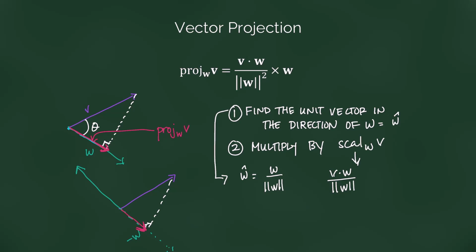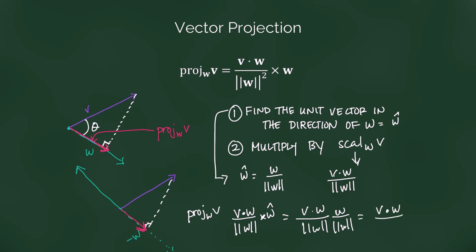So if we put those together, our projection vector then is v dot w over the magnitude of w, that's its length and direction, times the unit vector, which is w over the magnitude of w. I should be careful here. I'm going to put an x for times because we have the dot product in there as well. Which tells us we're doing v dot w, the dot product, divided by the magnitude squared times the vector w. And that will give us our projection vector.